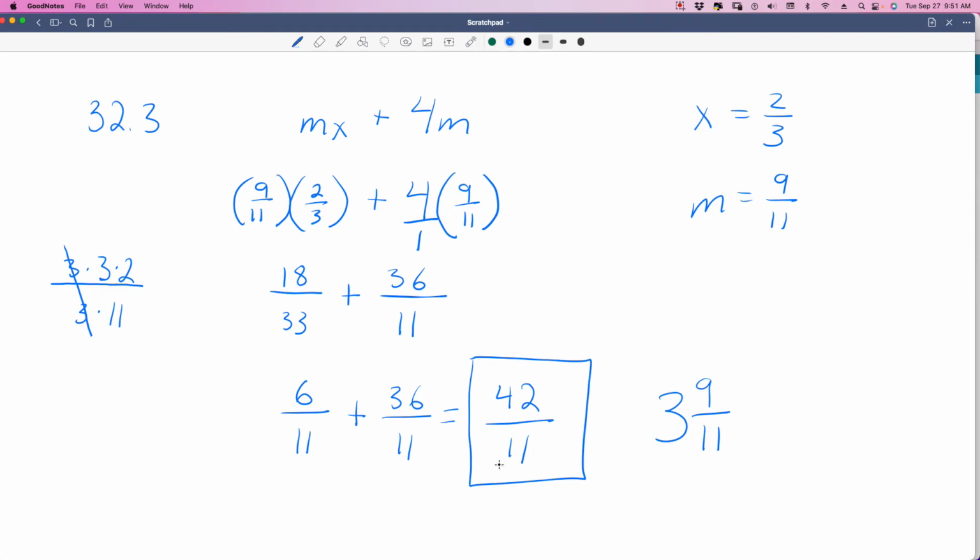But I want you to be thinking about, as we get into higher mathematics, especially once you start hitting Algebra 1 next year, this is going to be the format that algebra prefers. Algebra does not like mixed numbers. It hates mixed numbers because with a fraction like this, I can find the factors of 42.